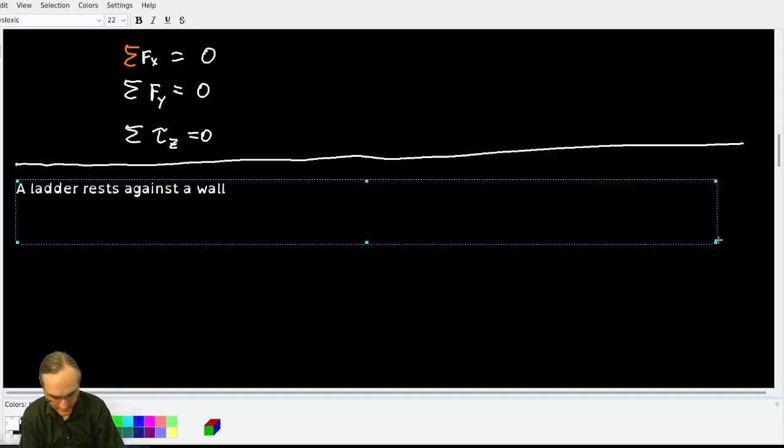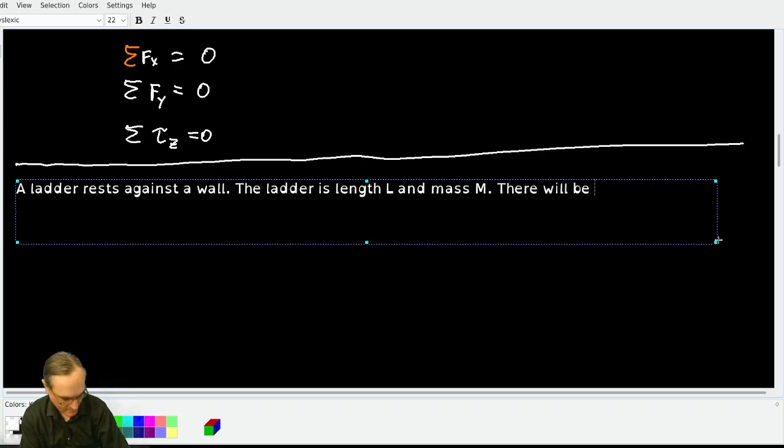We're going to have a ladder resting against a wall. The ladder will have a length L and a mass M. There will be static friction with the ground, but no friction with the wall.